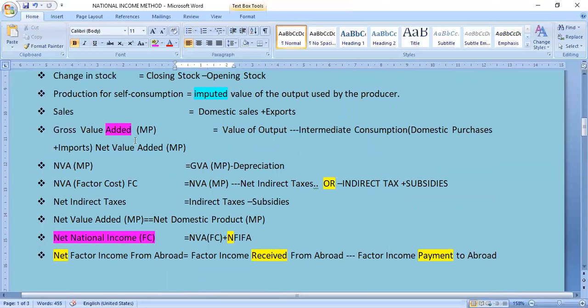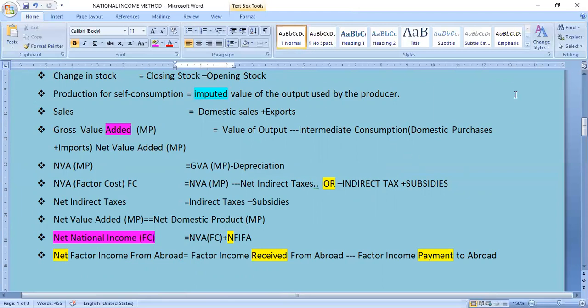It shows how much value, how much price and profit we have added to the goods. We can see here the value of the output. Just assume one lecture stand's value is 1000. IC means the wood, the wood value, and when we subtract IC, then we can say how much was added by the carpenter. This is gross value added.